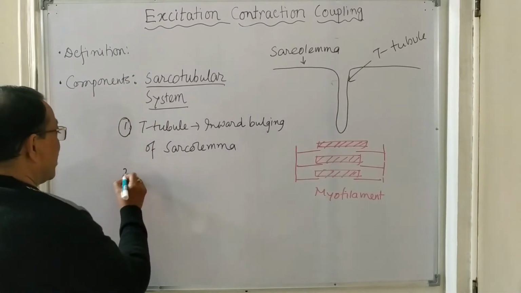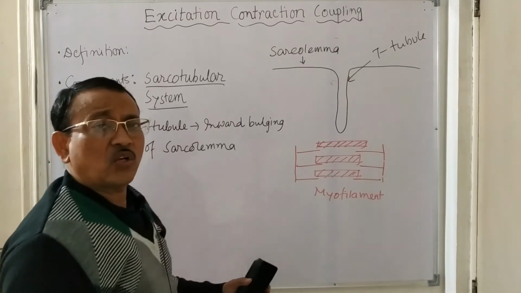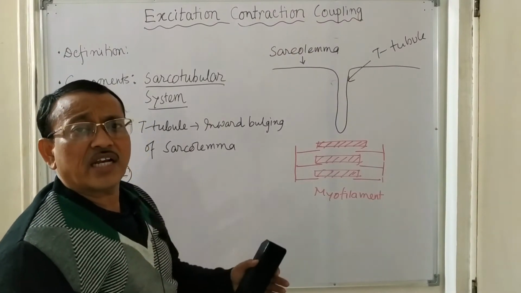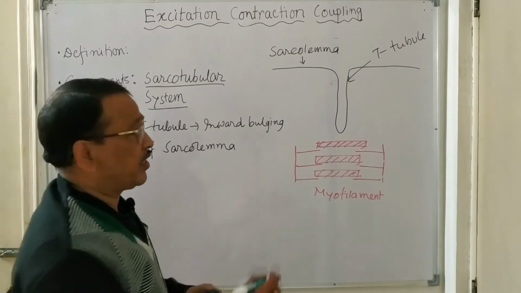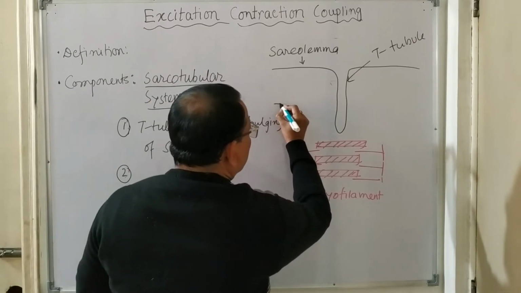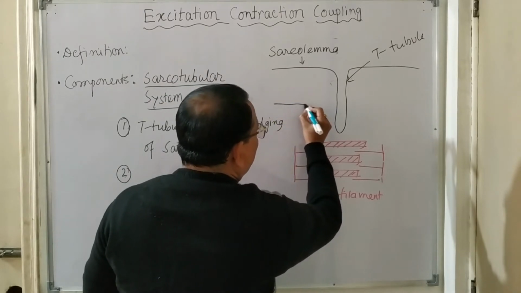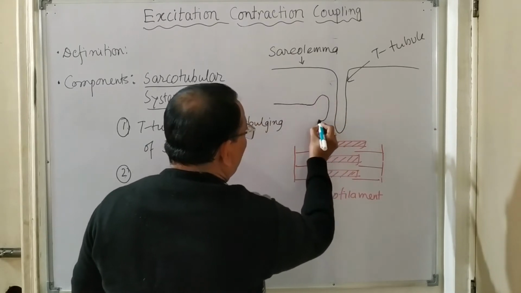The second component of the sarcotubular system is actually the tubular network of the endoplasmic reticulum, a long extended tubular network of the endoplasmic reticulum.